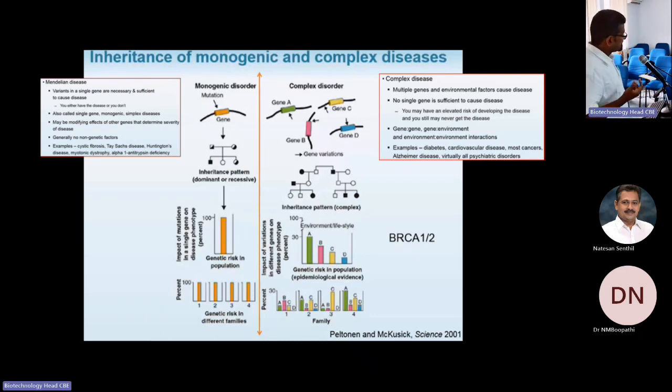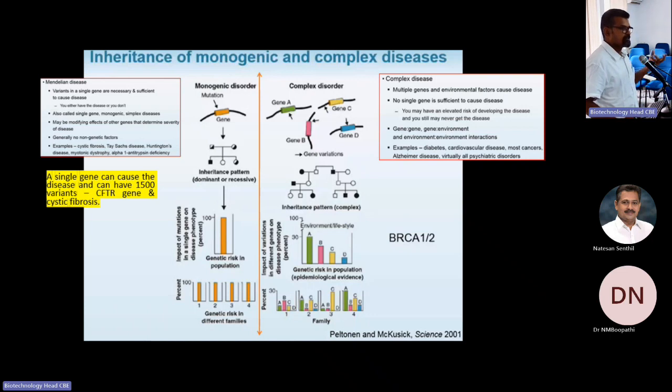So again, talking about diseases, we have monogenic disorders and we have complex diseases. Monogenic disorders are basically because of the Mendelian disease pattern. It is because of single gene changes. Like we have cystic fibrosis, right? It is because of a CFTR gene that the disease comes into play.